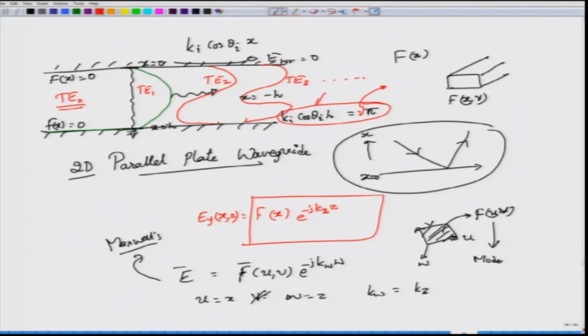So, if I were to fix h, then not all theta_i values are allowed, only certain theta_i values are allowed which satisfy that resonance condition. k_i cos theta_i h must be equal to some integer multiple of pi. Because I have fixed h, not all values of theta_i are possible, only those given by the transverse resonance condition, and corresponding to different theta_i's which are allowed solutions, you have a mode.